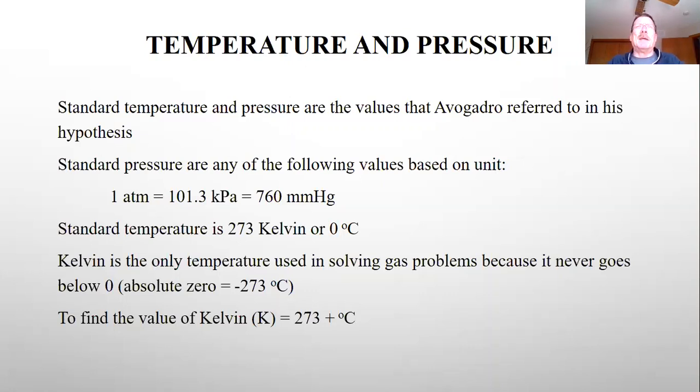So at 0 degrees Celsius, you're at 273 Kelvin. Now there is a value called absolute zero, and we'll demonstrate that a little bit with a lab, either when we get back together or I'll film it.